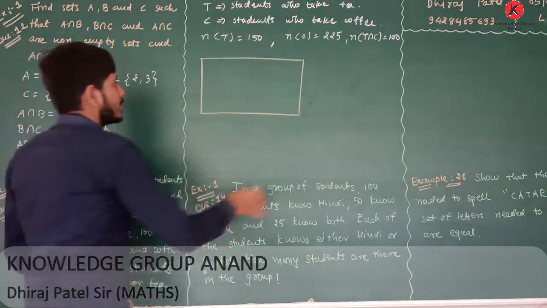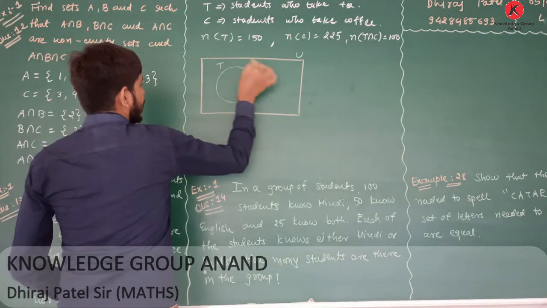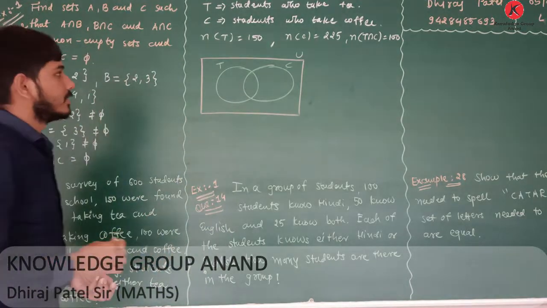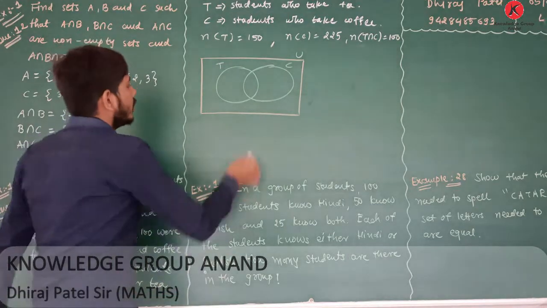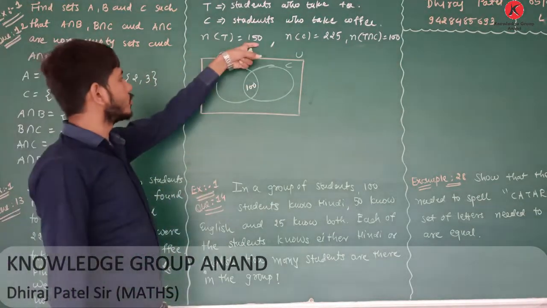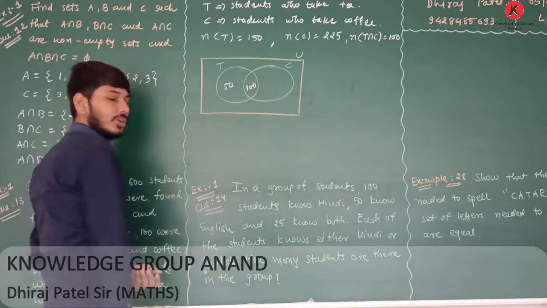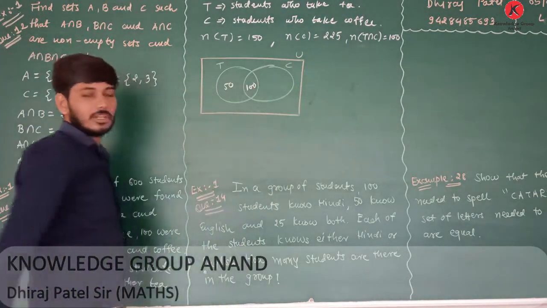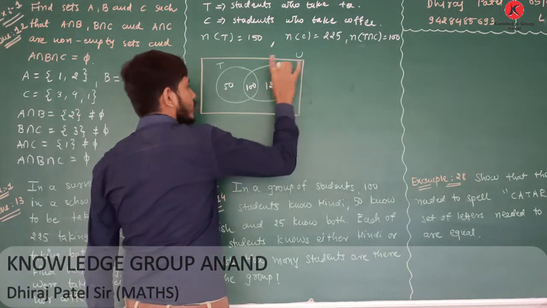So see here, this is our universal set, this is set T, this is set C. Now first of all represent the portion intersection, number of T intersection C, which is equals to 100. Write down 100 here. We know that number of T equals to 150, 100 is that, therefore we have to write 50 in this portion only. Okay, next one, number of C equals to 225, among that 100 is written here, therefore you have to write 125 in this portion only.